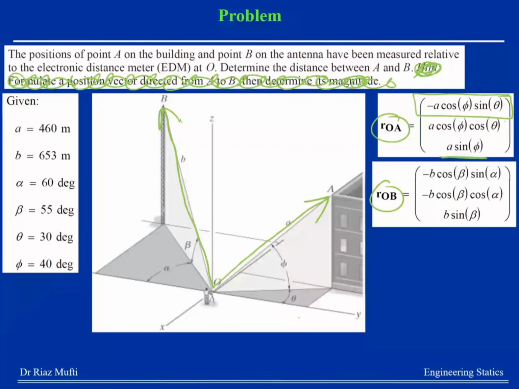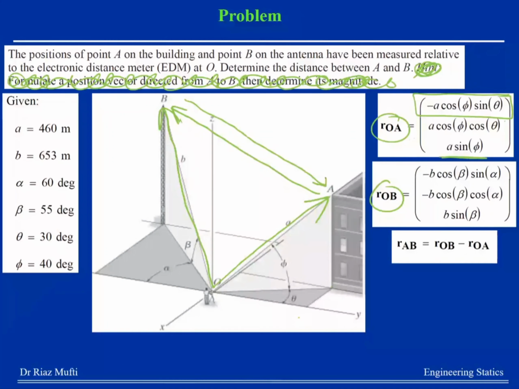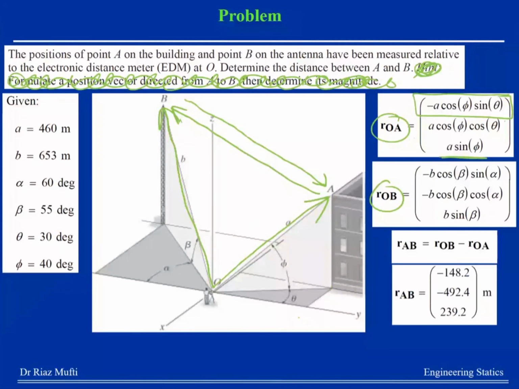Now you can do RAB by subtracting A from B, or you can find RBA, so that's A minus B. It's your call. You can do both, because in the end, you will get your values out. Your distances x, y, z will not change for RAB or for RBA. The only thing that will change is the sign.